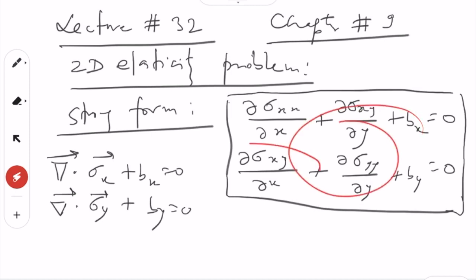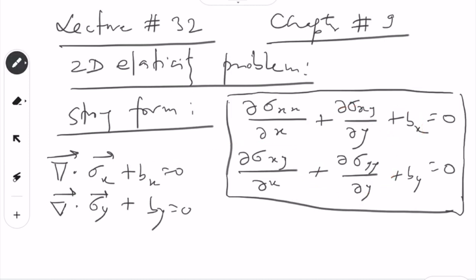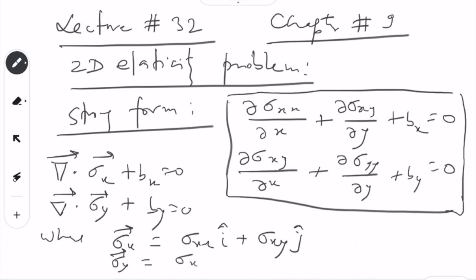Exactly the same equation. Of course, sigma x is nothing but sigma xx i plus sigma xy j, and sigma y equals sigma xy i plus sigma yy j.